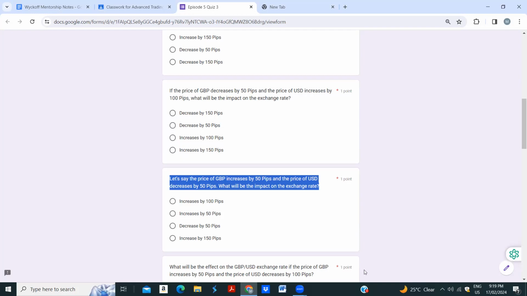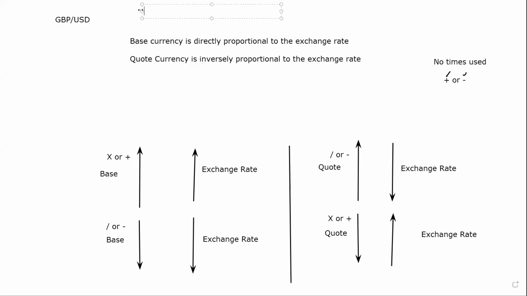I copy it. It says, let's say in the GBP USD exchange rate, the price of GBP increases by 50 pips and the price of USD decreases by 50 pips. What will be the impact on the exchange rate? I'm going to copy it and paste this word problem over here.